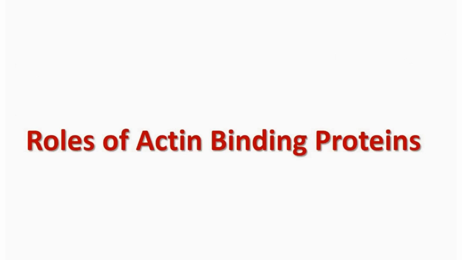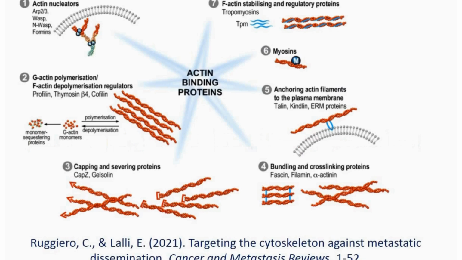In this segment, I shall brief you about the roles of various actin binding proteins. To simplify the task, I have taken this piece of information from a very prestigious journal, Cancer and Metastasis Reviews.